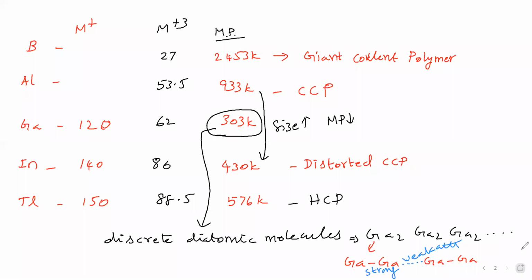Boiling point of these elements. Now boron. Boron boiling point is 3923 Kelvin. Aluminum boiling point 2740.